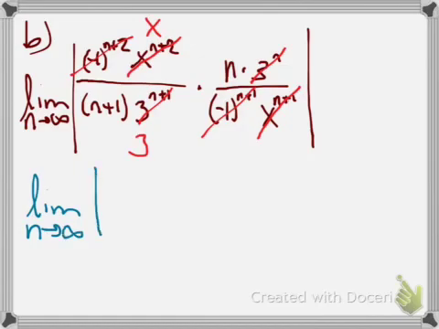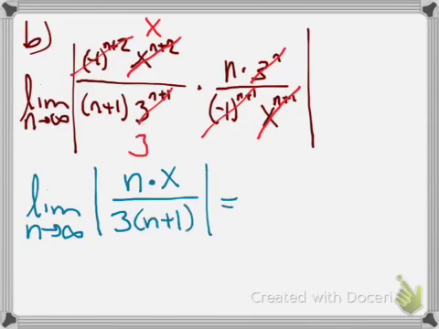Don't drop the absolute value symbol yet here. So we have n times x over 3 times n plus 1, which, because n is going to infinity, n over n plus 1 is heading to 1. This becomes just the absolute value of x over 3, and we need that to be less than 1.